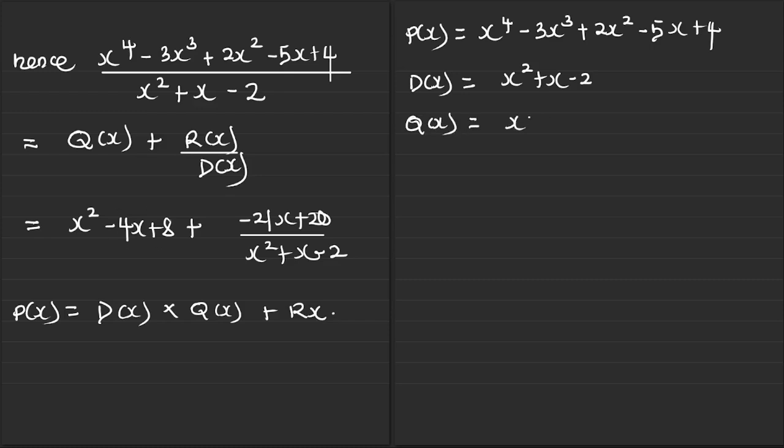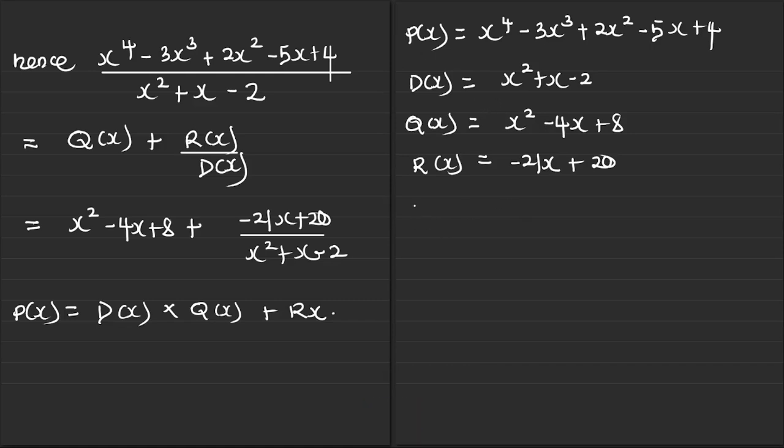X squared minus 4x plus 8. And then the remainder was what? Negative 21x plus 20. So we'll need to solve this and then prove that it gives us our p of x.